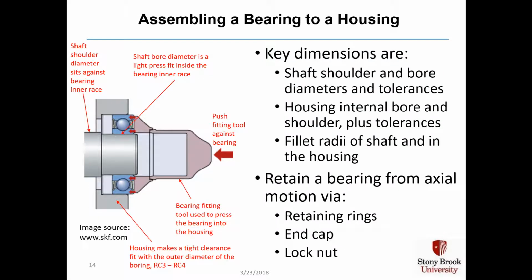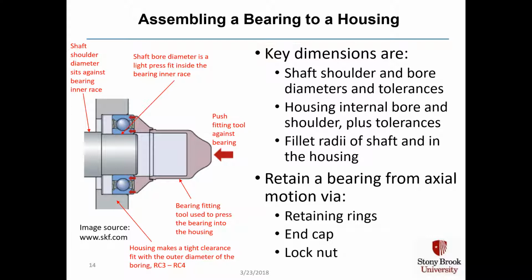In this chart we show you a little bit, from the SKF website, of how you actually assemble a bearing onto a shaft and into a housing. The first thing you do is you have this fitting tool that pushes the bearing into the housing. In this application, the shaft shoulder diameter sits against the bearing inner race, and the shaft diameter is a light press fit inside the bearing inner race.